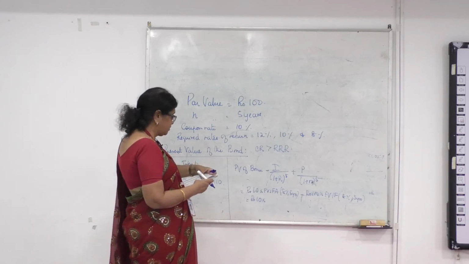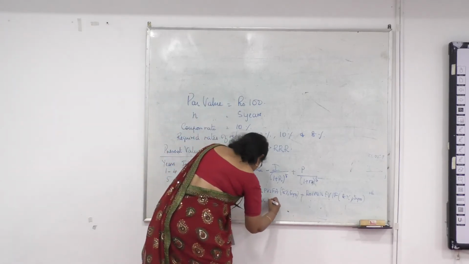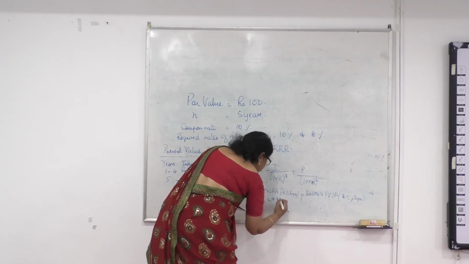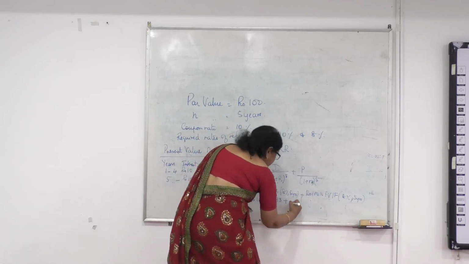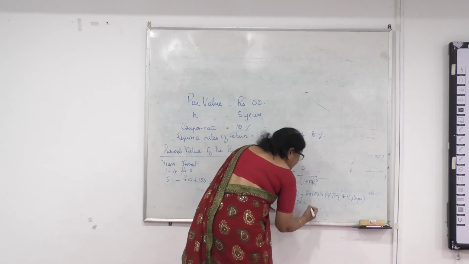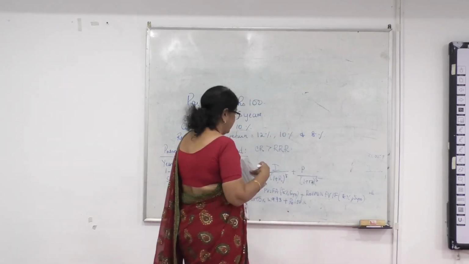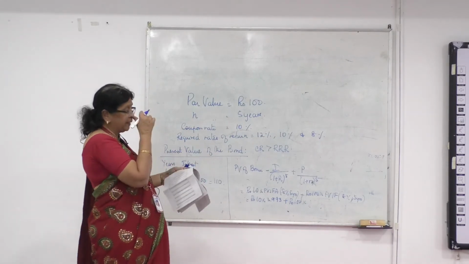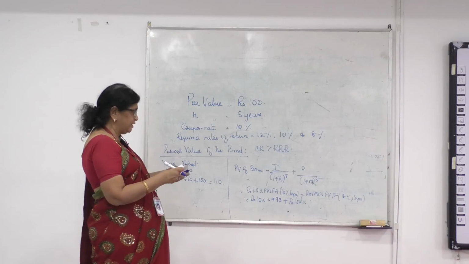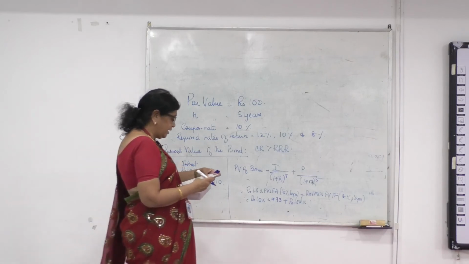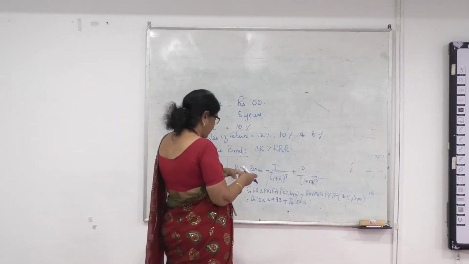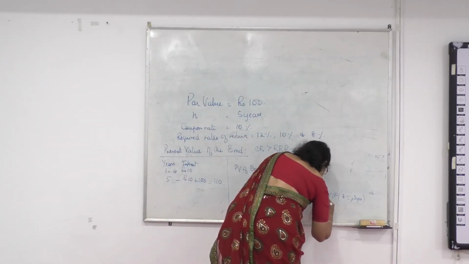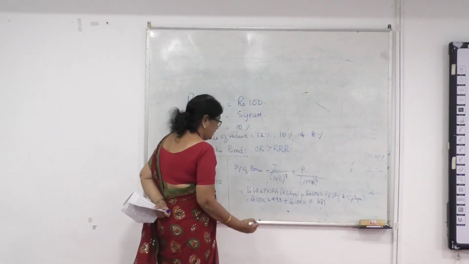That is coming to 3.993, plus rupees 100 into, now I go to the PVIF table and pick up the figure given against 5 years under 8%, and that is coming to 0.681.